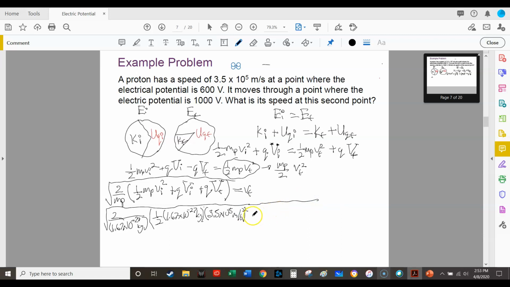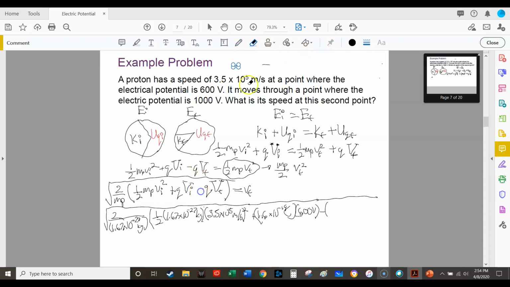Oh boy, this is getting crazy. This Q right here is the charge of a proton, which is 1.6 times 10 to the negative 19 coulombs. Now we've got to put the voltage there. We're going to multiply by the initial voltage, which is 600 volts, and we're going to subtract from that the final. I should be careful here. I actually didn't copy this as it is.